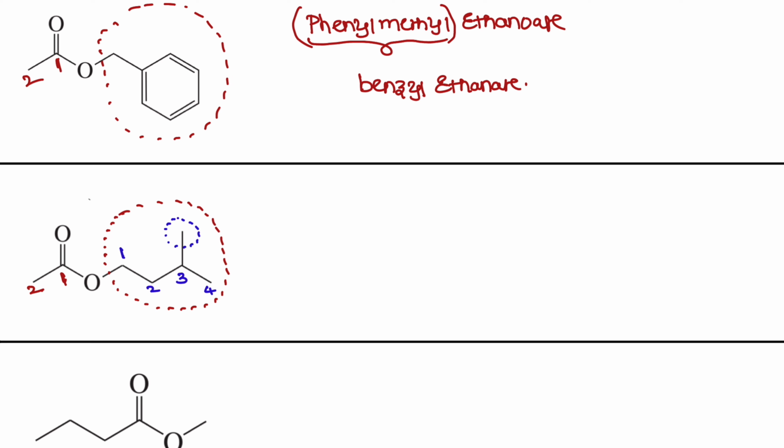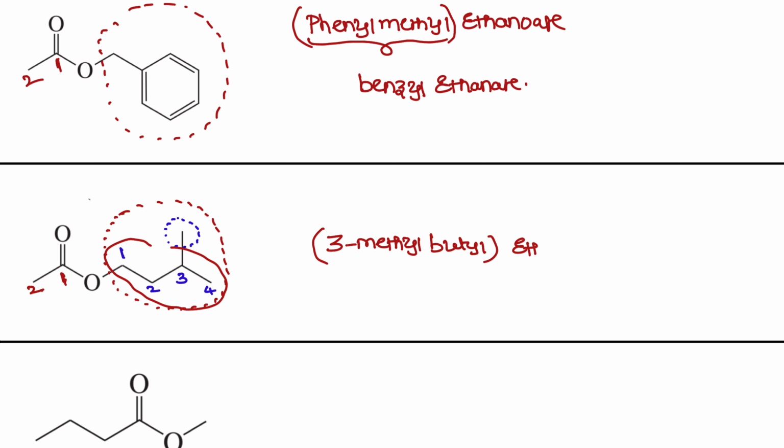While naming complex substituents, the entire name should be enclosed in brackets. So at the third position there is a methyl group, therefore it is 3-methyl. Totally there are 4 carbon atoms, therefore it is butyl complex substituent.